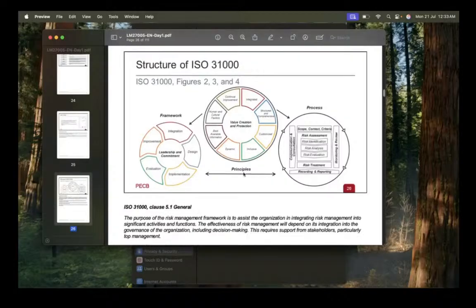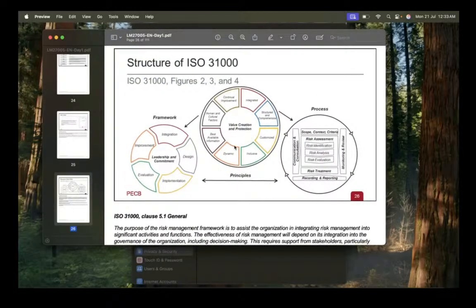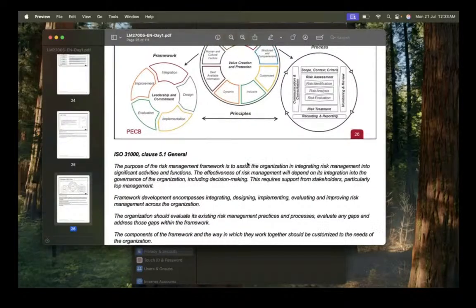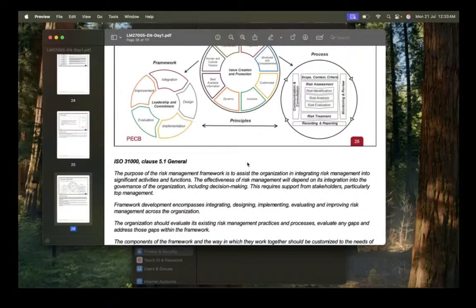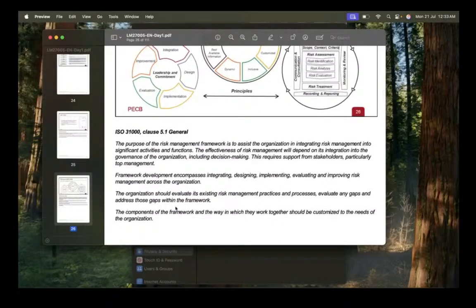If we read more into the framework, it says that the components of the framework and the way in which they work together should be customized to the needs of the organization.